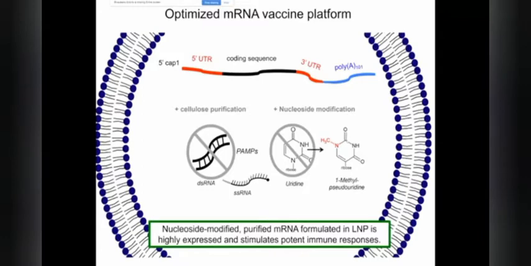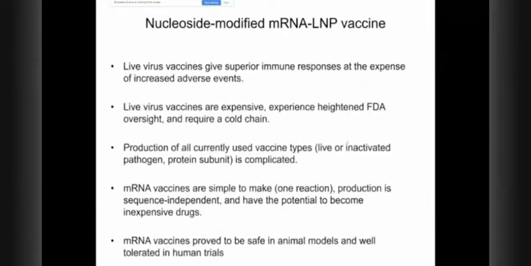So we call this vaccine platform nucleoside modified mRNA LNP vaccine, and I just listed some of the advantages of using this vaccine platform. Besides potency and safety, I'd like to mention that it's very important that the production of these mRNA vaccines is very simple, similar to DNA vaccines.